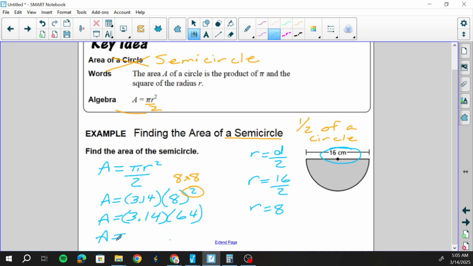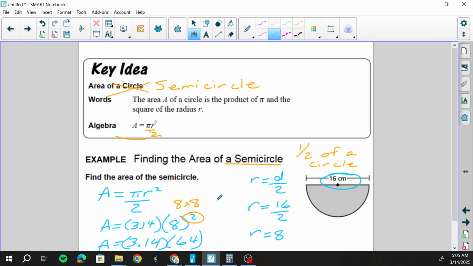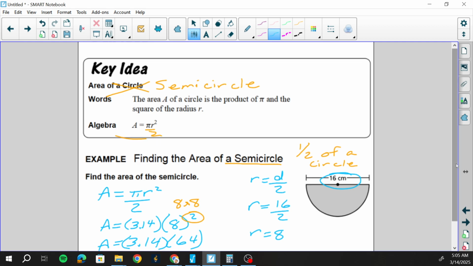So our area then is 3.14 times 64, which gives us 200.96. And that's centimeters squared. Okay. Just wanted to make sure I put units on the last one.